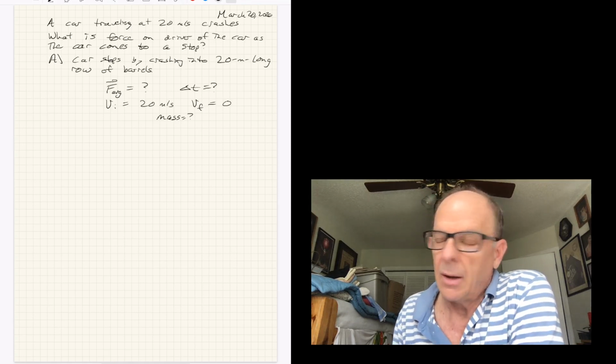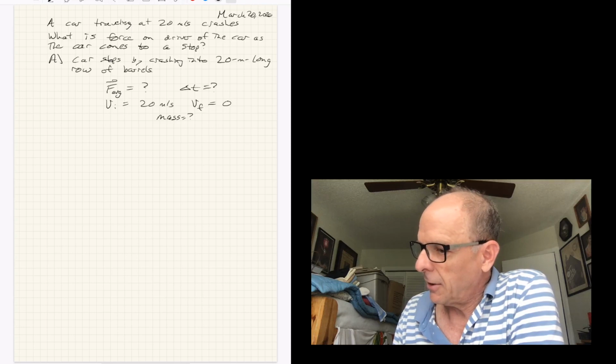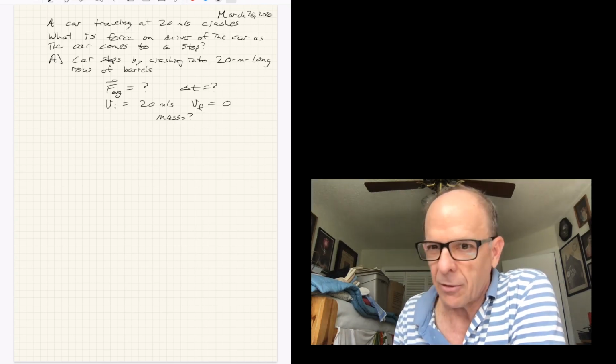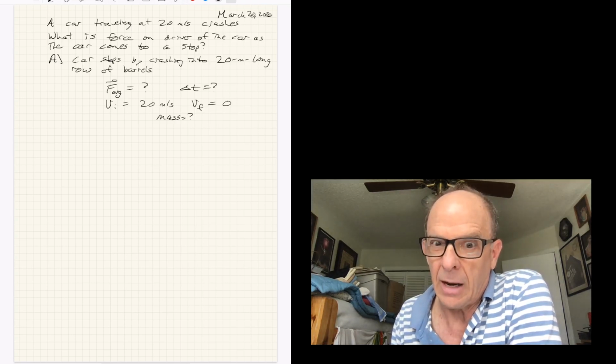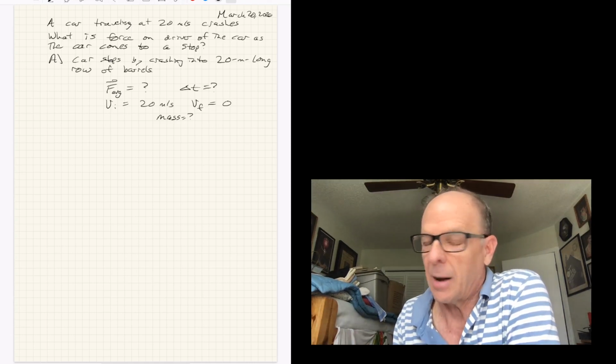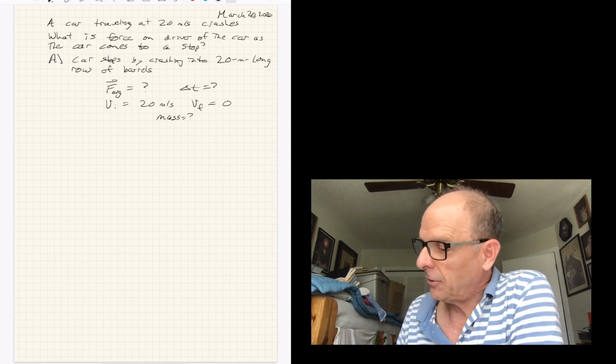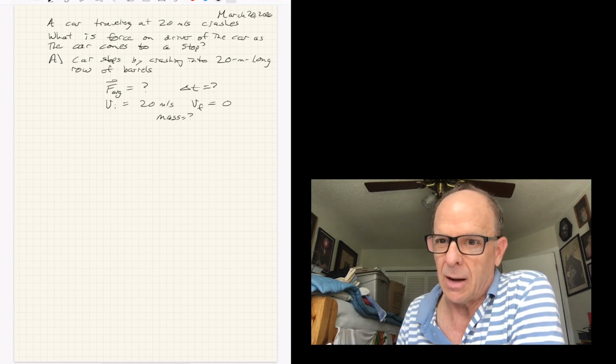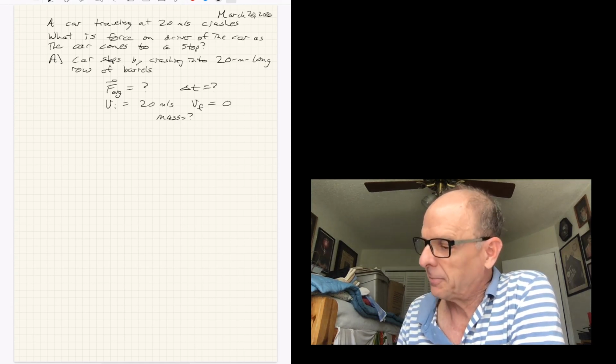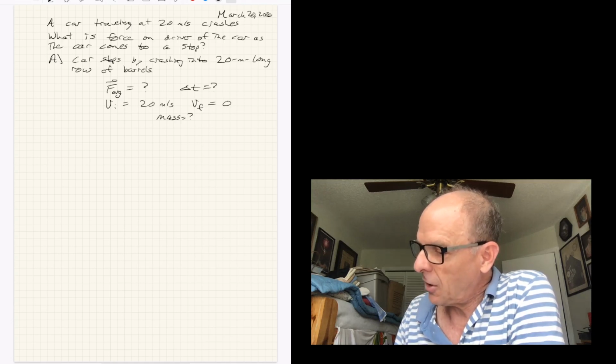So at first glance, this might look like you don't have enough information to solve this problem. But there's a clue here. There's another piece of information, and remember that we learned a lot of physics before we got to chapter 9. And that physics had to do with dynamics and kinematics. And so to solve this, we need to know something about the time.